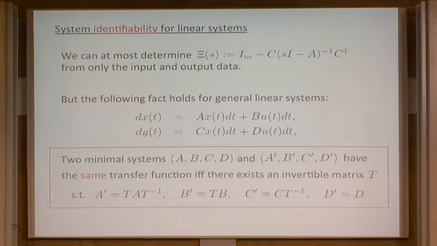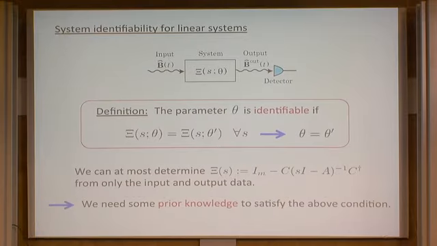Okay, so here's a definition. What is identifiable? If the two transfer functions corresponding to theta and theta prime are the same, then we can deduce that theta equals theta prime. Then we call this parameter theta identifiable. So this is the situation where we can at most determine the transfer function.